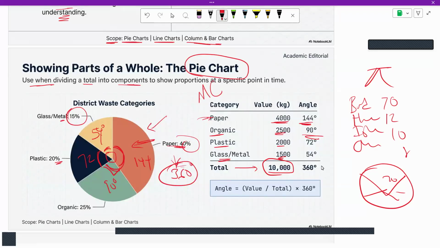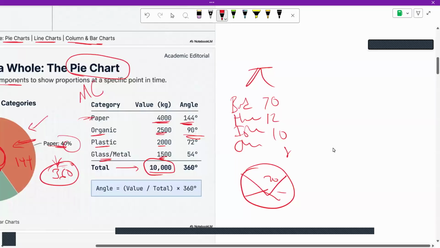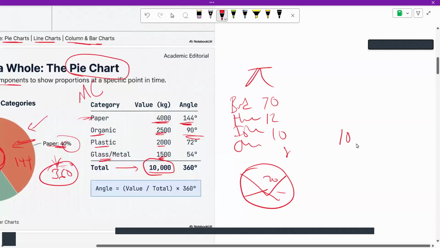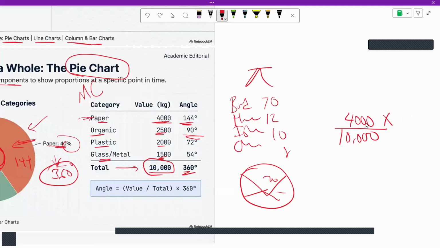So how do we do this? Here we have a total of 10,000 kilograms, out of which the portion of the paper is 4,000. So 4,000 over 10,000 into 360. Normally, to calculate the percentage, we use this formula into 100.